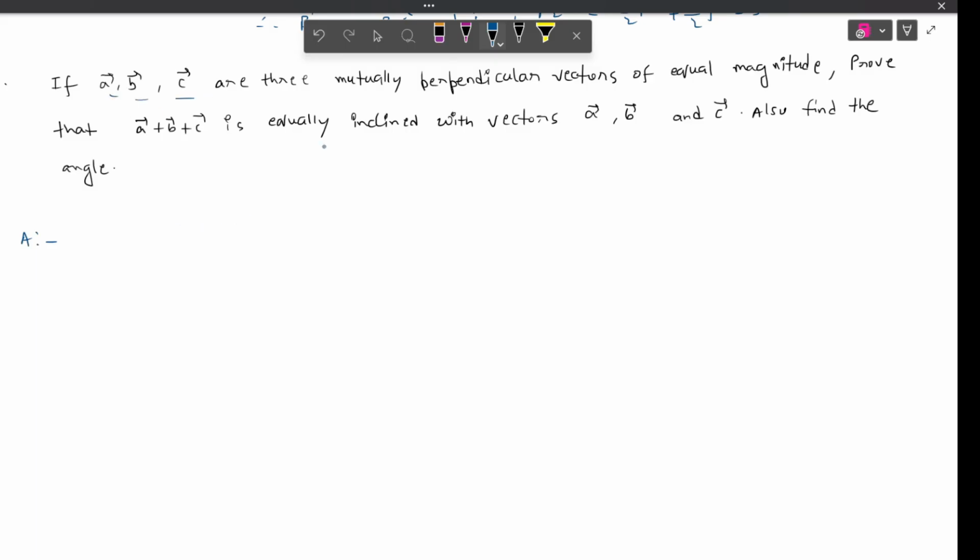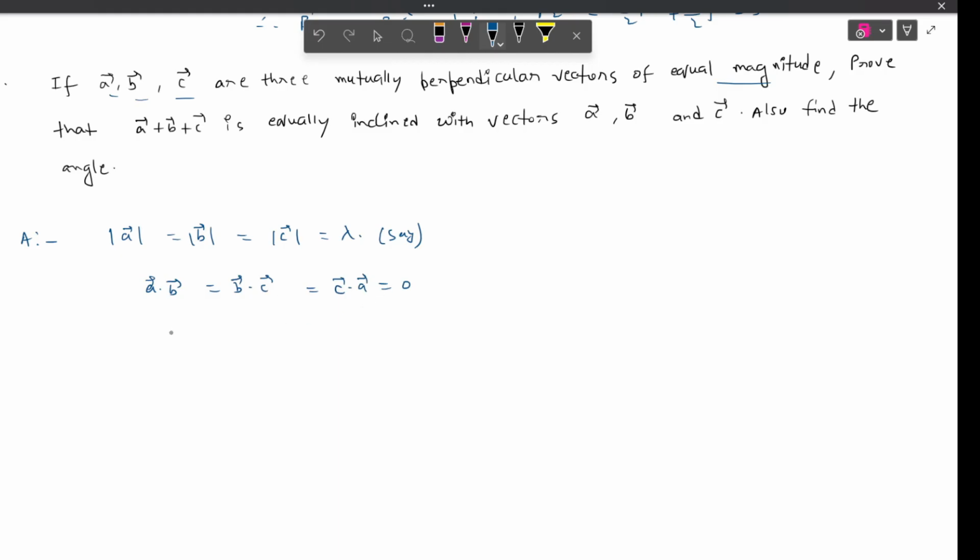See, a, b, c have equal magnitude. It is given. So let us say mod of a vector is equal to mod of b vector is equal to mod of c vector, that is lambda. And it is given that a, b, c are mutually perpendicular vectors. That means a dot b, b dot c, c dot a all should be 0, right?